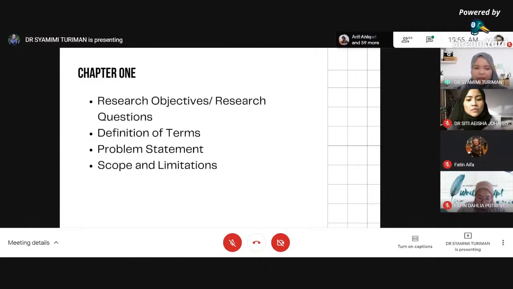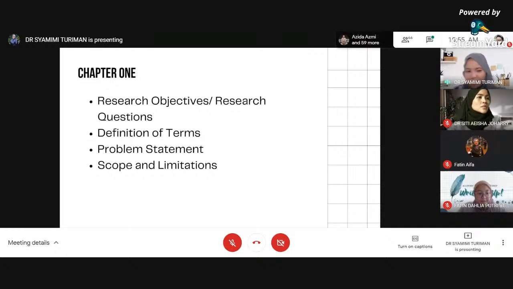But it is really helpful, especially when explaining your variables, to have operational definitions as well, as in how the variable works for you in the context of your study.